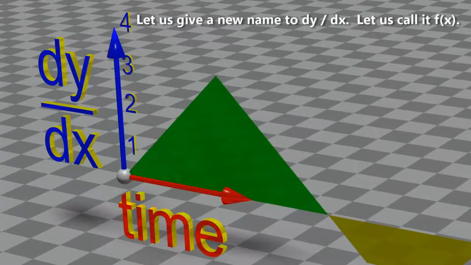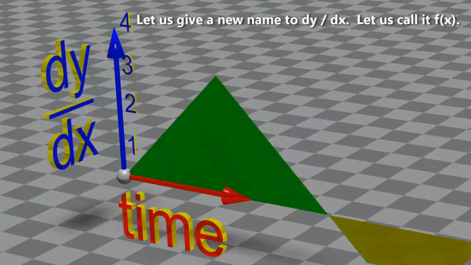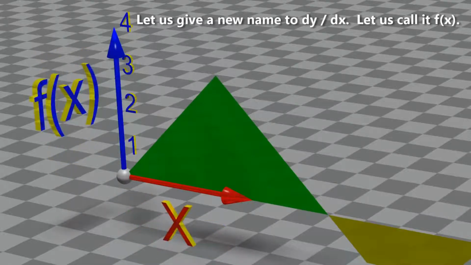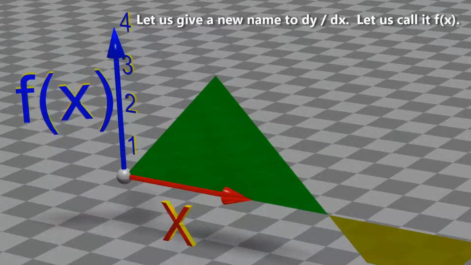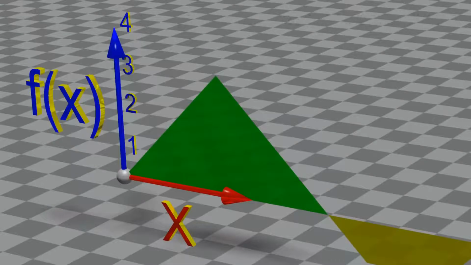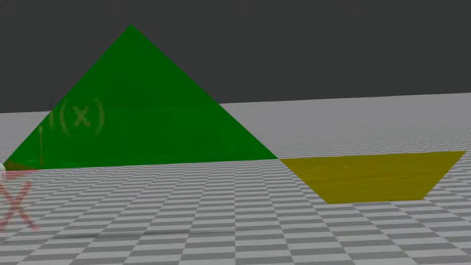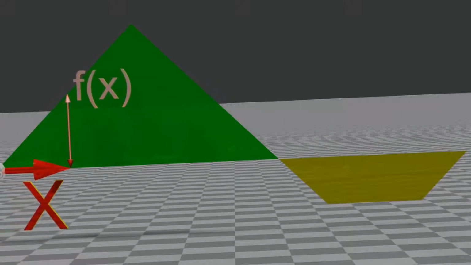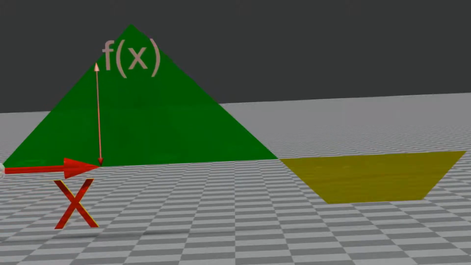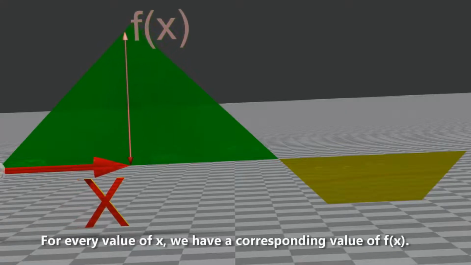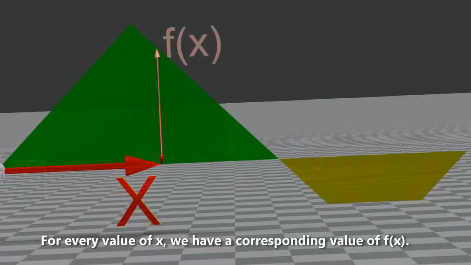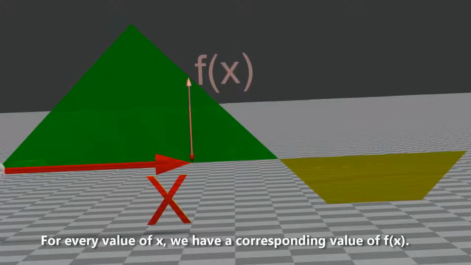Let us give a new name to dy divided by dx. Let us call it f of x. For every value of x, we have a corresponding value of f of x.